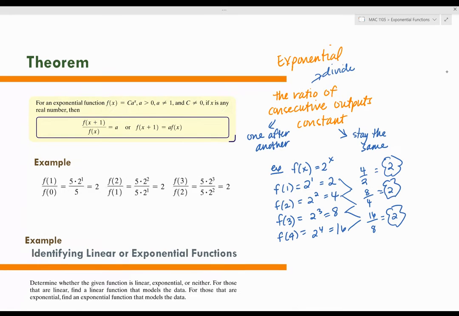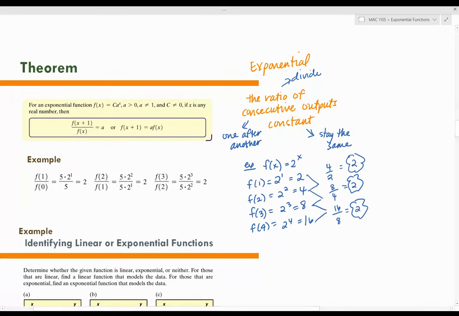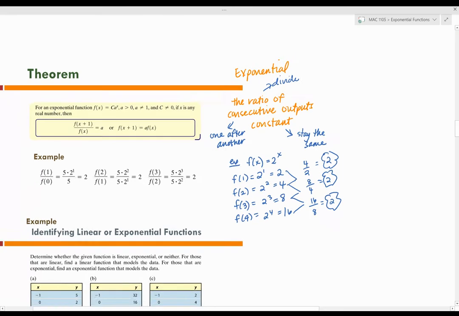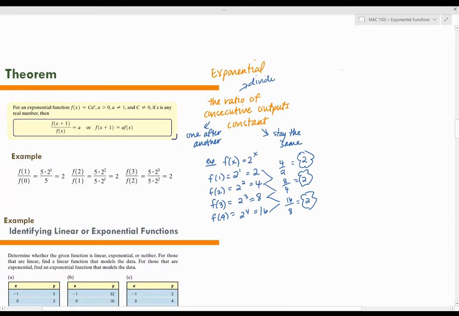Okay. Now, if you guys remember when we looked at linear functions, that is different. So when we talked about linear functions, we had f of x equals mx plus b. Okay, this is for linear functions.